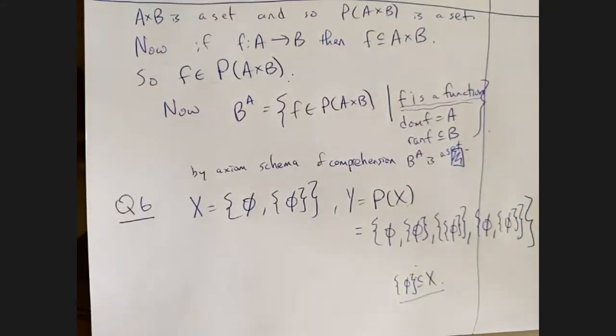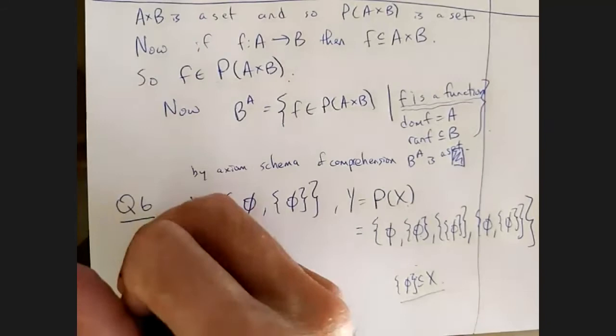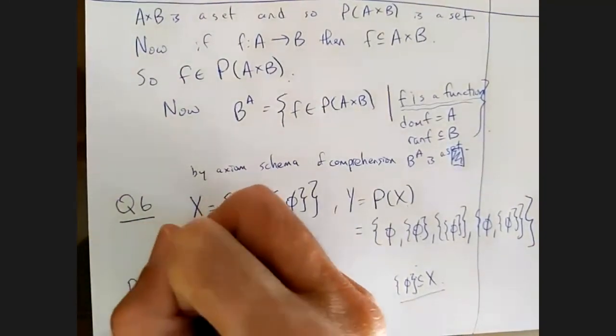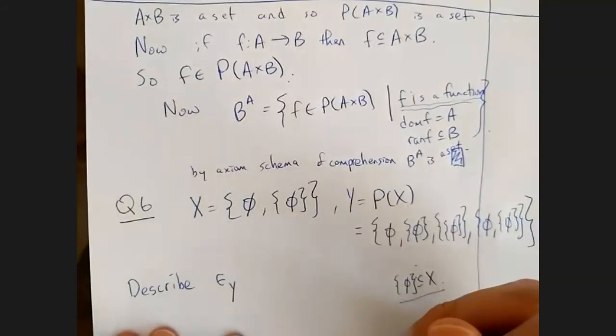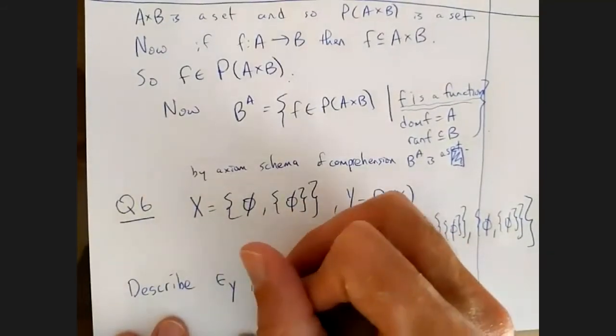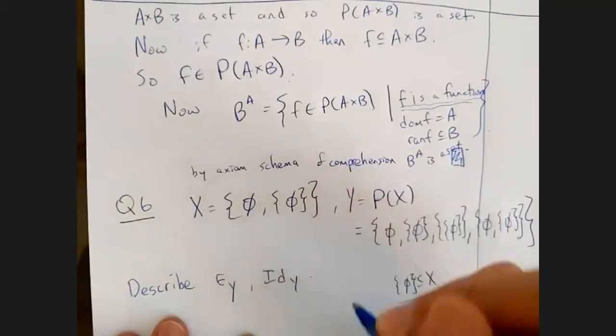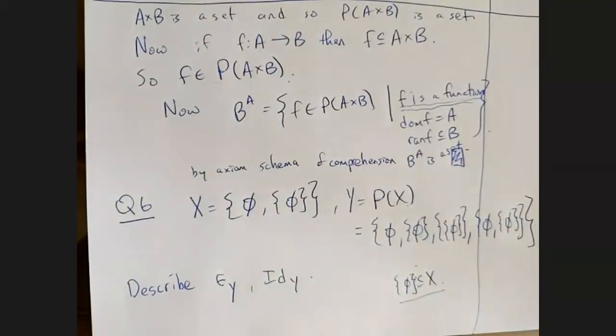So this is our set Y, this is our set X. And then we have to describe the membership relation on Y and the identity relation on Y. And then it says determine the domain, range, and field of both relations.